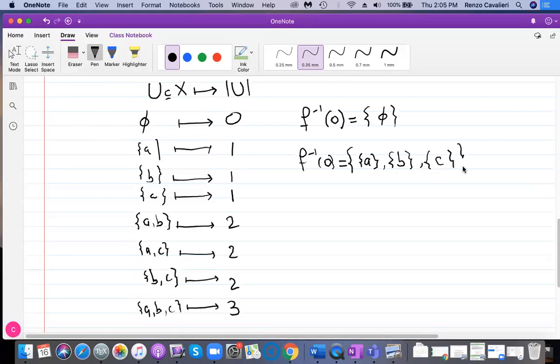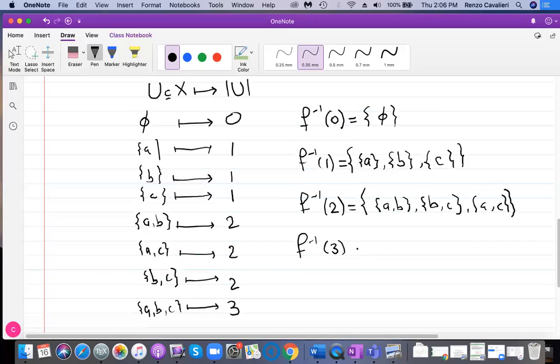Sorry, this is f inverse of 1. f inverse of 2 consists of {A, B}, {B, C}, and {A, C}. And f inverse of 3 just consists of X.